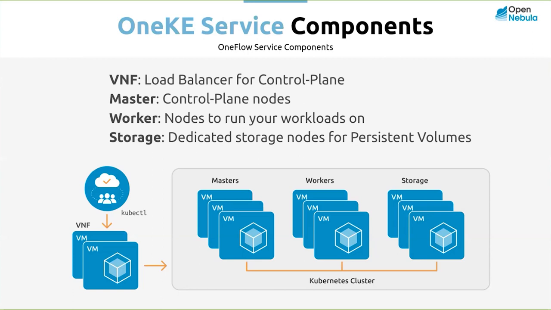For the OneKE deployment, it's actually required that it's used together with OneGate. And it's important that each VM in the cluster is able to connect to OneGate. Without this, your cluster will not be created. Next slide.